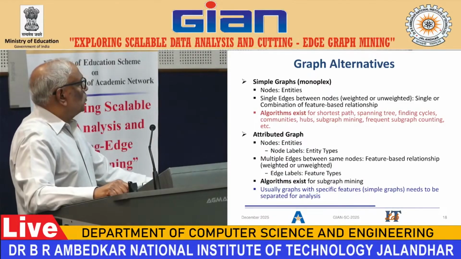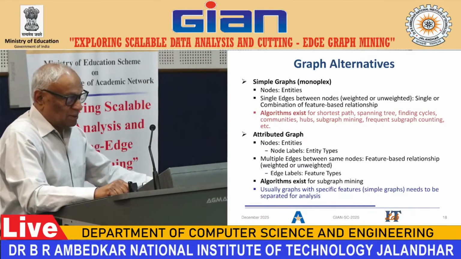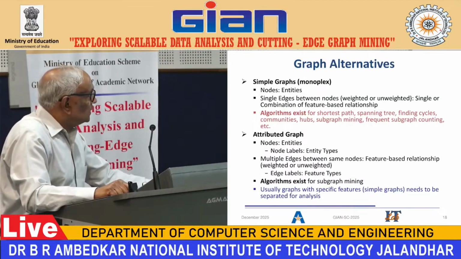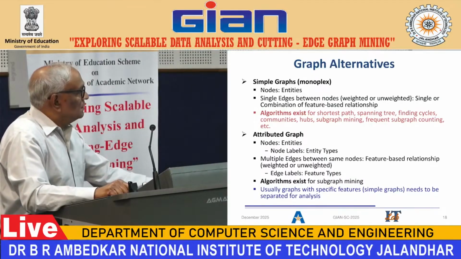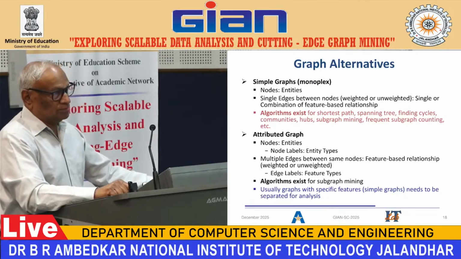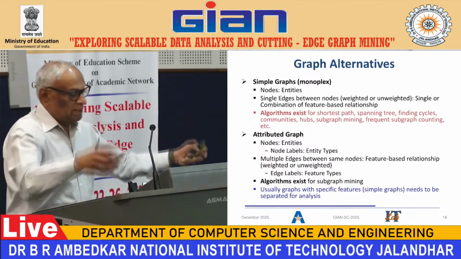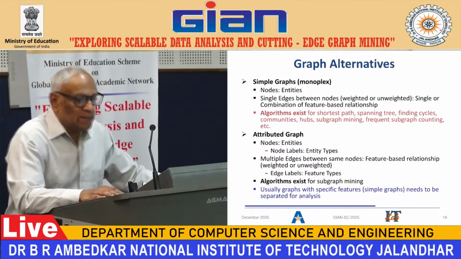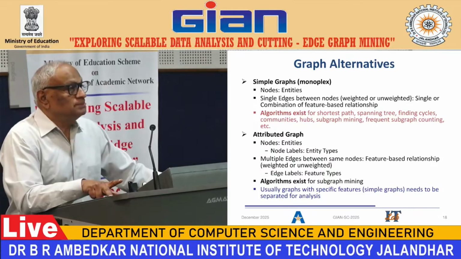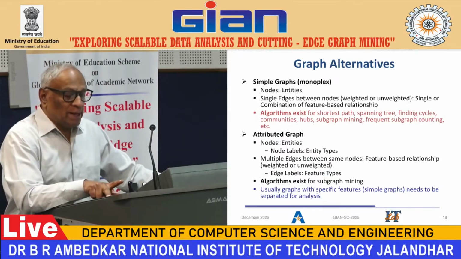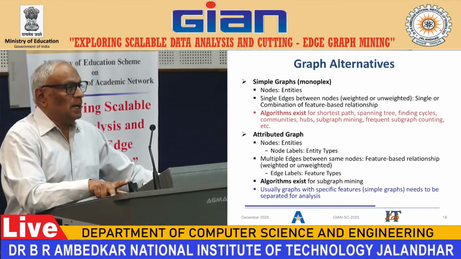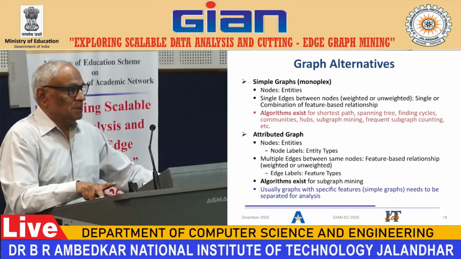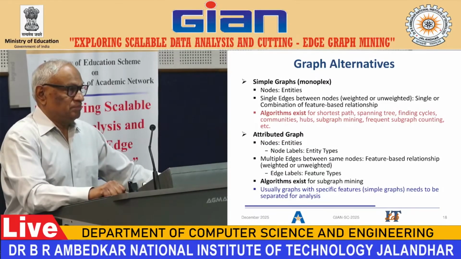Then we have the notion of what is known as attributed graphs. So what is the difference between a simple graph and an attributed graph? Still, nodes are entities, they can have labels, but you can have multiple edges between the same nodes. Another example that you guys can understand is, if there are two people and both of them are on Facebook and on LinkedIn and on Twitter, then they have three relationships.